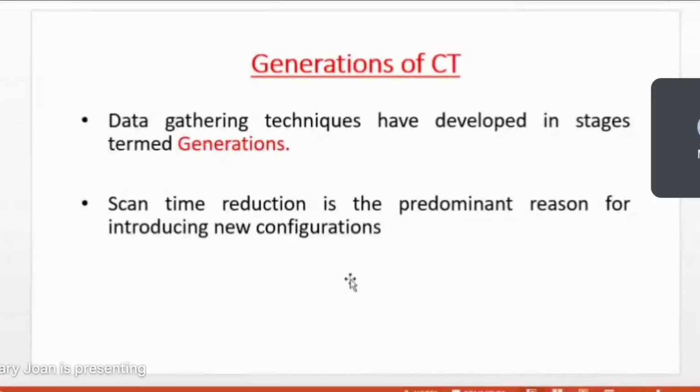Coming to the generations of CT. Data gathering techniques have developed in stages termed generations. So how we get the information, meaning the X-ray, the selective or differential absorption that takes place inside the body, how we acquire that data, and how we interpret or process it to get the required information.